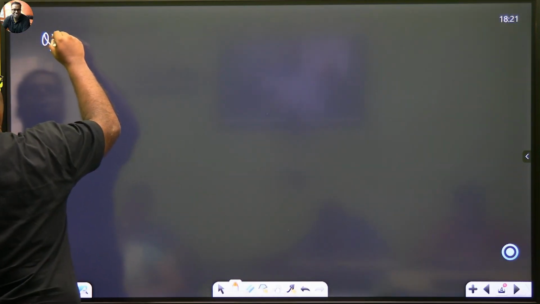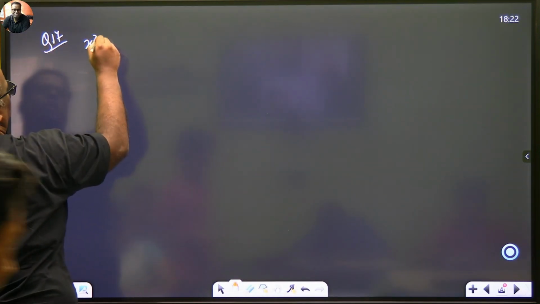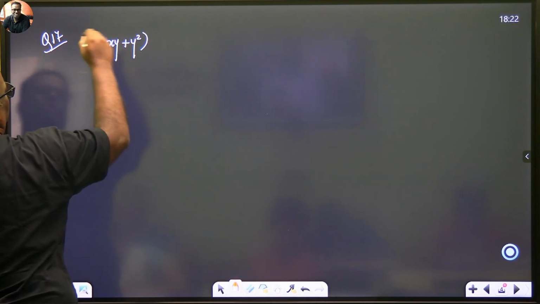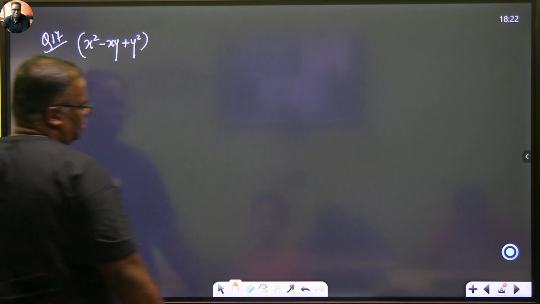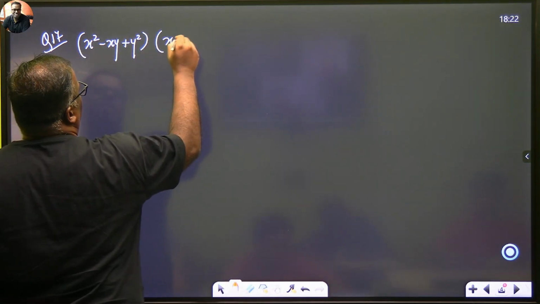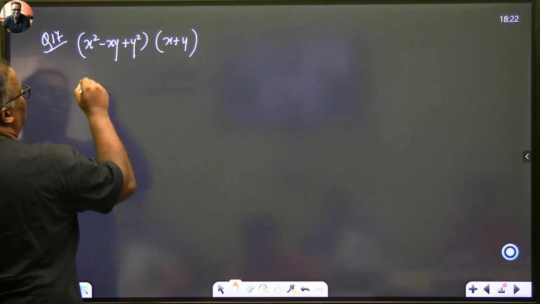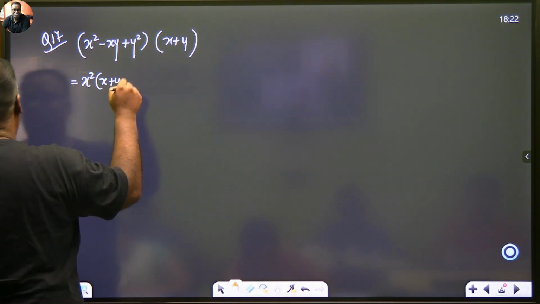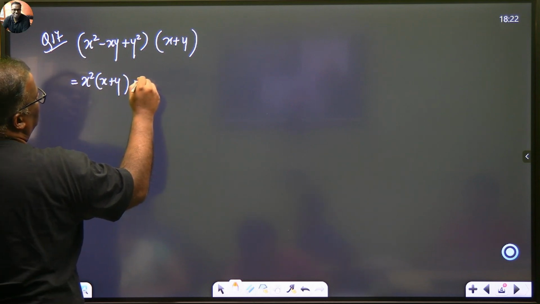xy plus x square minus xy plus y square, x plus y. This will come as, we take x square with x plus y, minus xy.